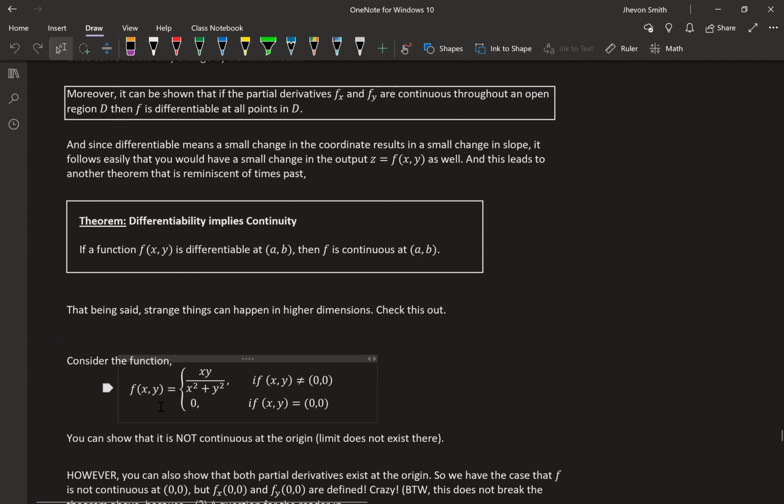This is a function that we looked at last class, maybe the class before. We actually proved that this is not continuous, right? Approach along x equals 0, you get 0. Approach along x equals y, you get a half. So it's not continuous. However, it turns out you can actually prove that the partial derivatives exist at (0, 0).